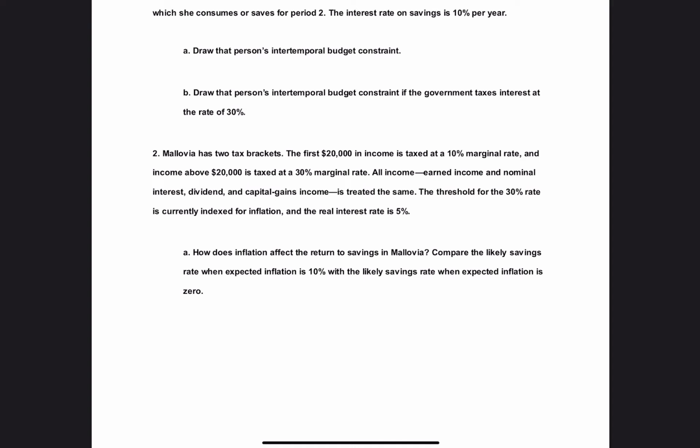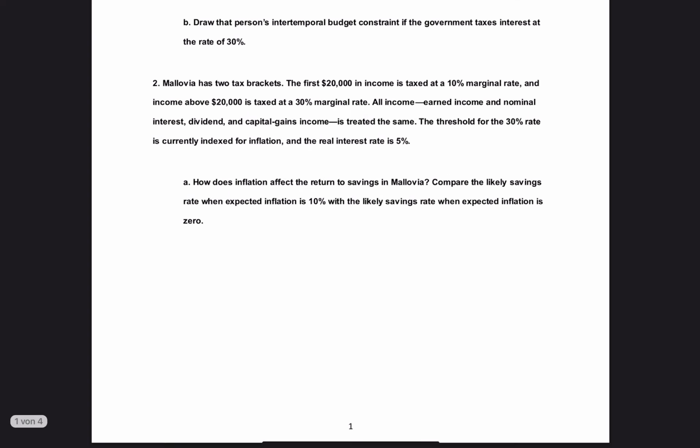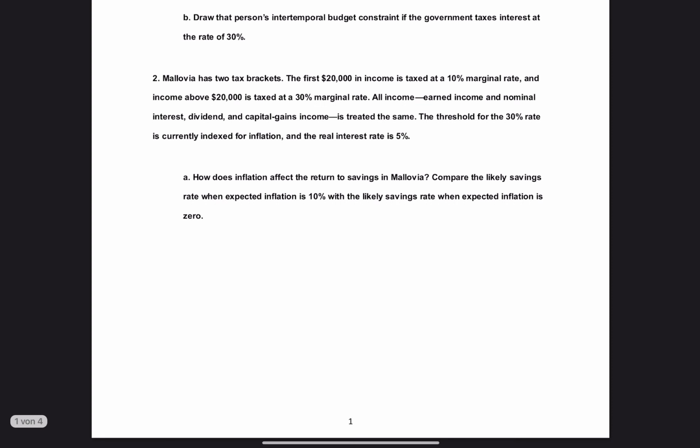The threshold for the 30% rate is currently indexed for inflation, and the real interest rate is 5%. Sub-exercise A. How does inflation affect the return to savings in Moldova? Compare the likely savings rate when expected inflation is 10% with the likely savings rate when expected inflation is 0.